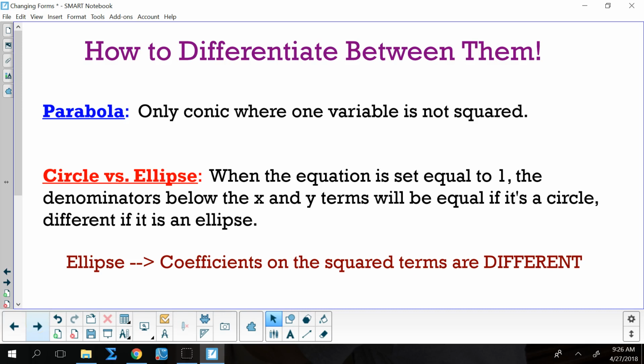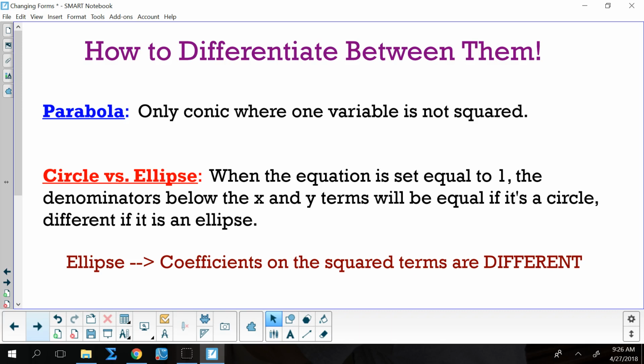Okay? So, how do we differentiate between the 4 conics? Okay? Well, let's take the easy one first. Parabolas. Parabolas are the easy one to determine which kind of conic it is because there's only one variable that's squared.